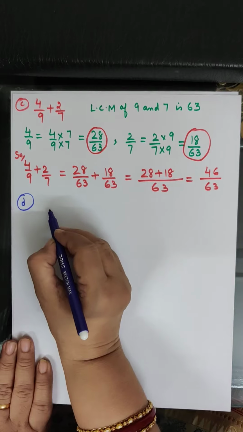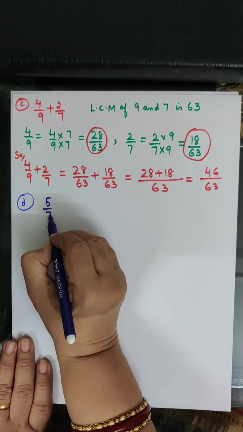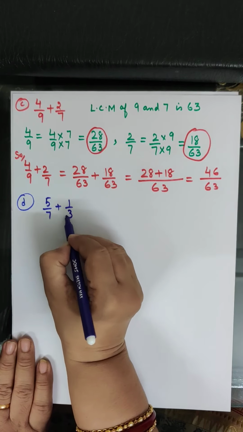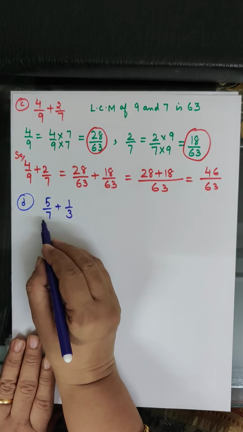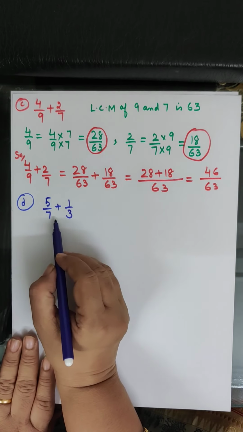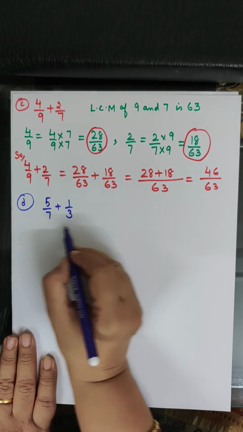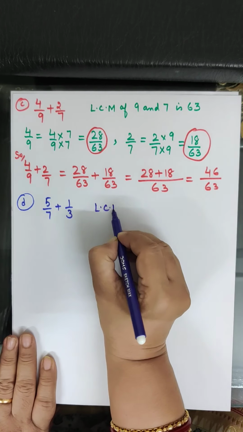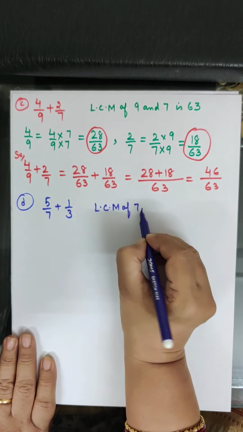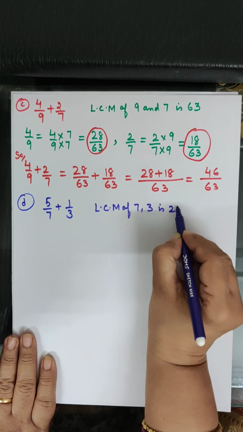5 by 7 plus 1 by 3. Again they are unlike fractions. So we take the LCM. LCM of 7 and 3 is 21.